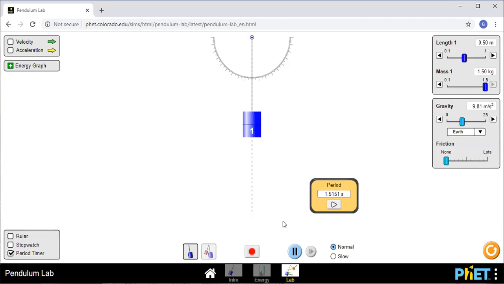We're going to restart our period timer, and we're going to bring it up to 60 and let it go. And we're going to start our period timer and see what we get for this. So we're going to record this one.